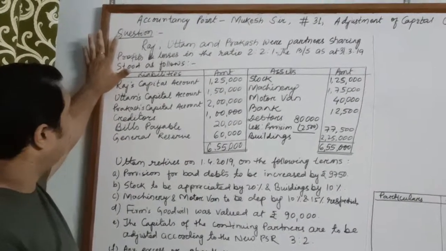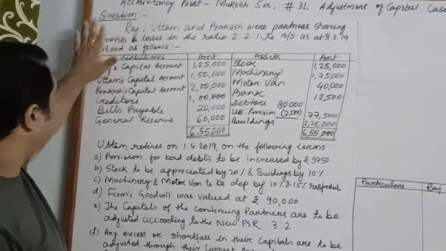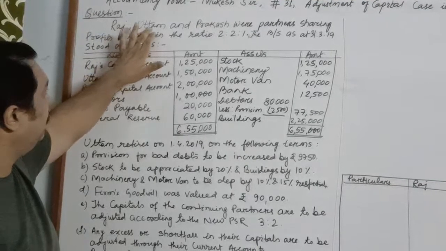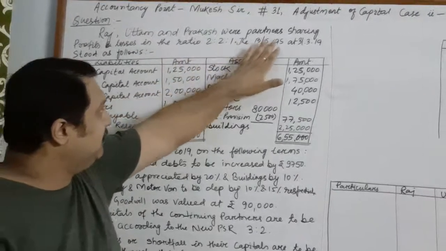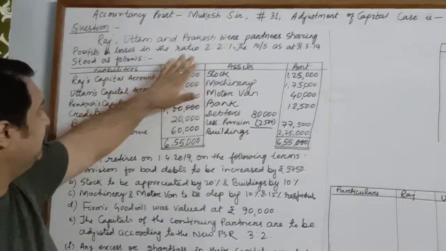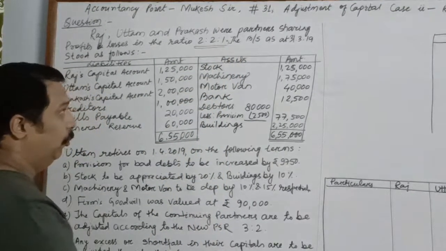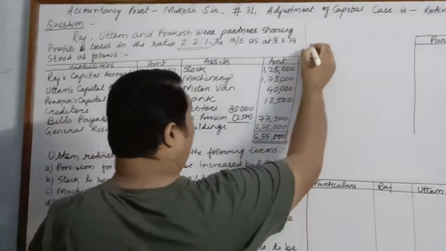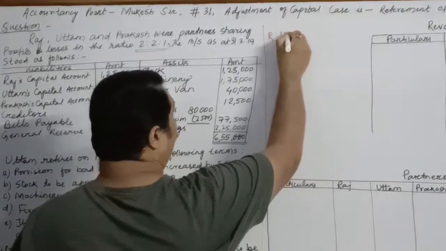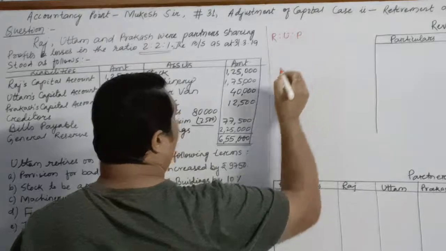So children, this is the question which I have taken. As you can see, it's written that Raj, Uttam and Prakash were partners sharing profits and losses in the ratio 2:2:1. This is the old ratio, children, which you can write Raj is to Uttam is to Prakash.